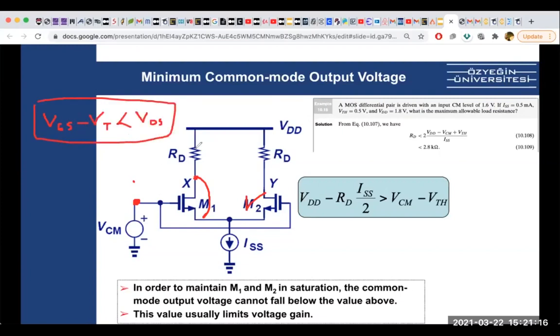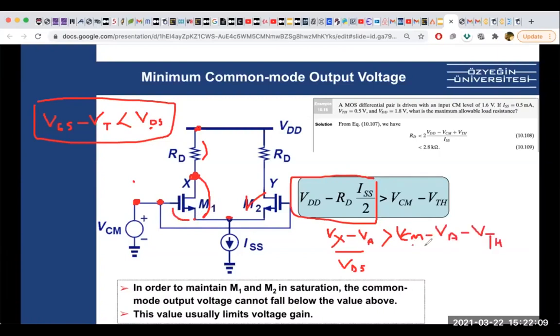Now looking at this formula, let's find the drain, VD. VDD minus RD times ISS over 2 gives you your Vx. And this Vx minus, let's call this point VA, is your VDS. So this is VCM, VG, this S was VA, and minus VT, and this is VGS.